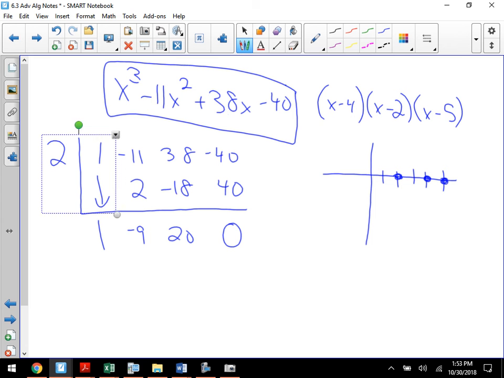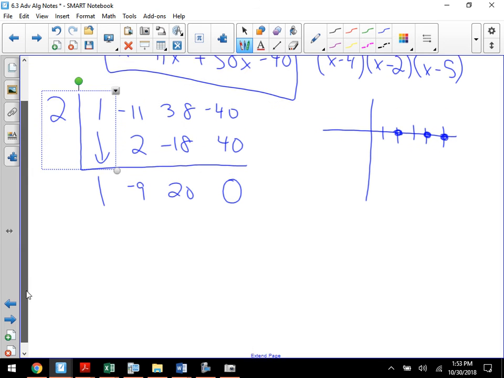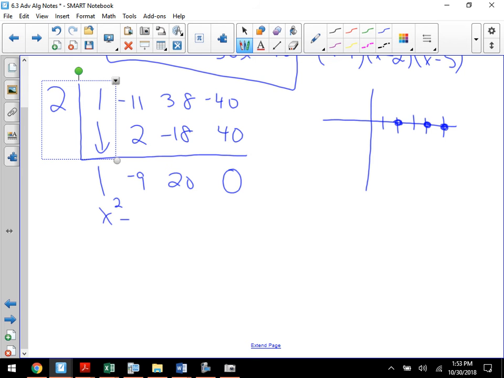So if 2 was the 0, that meant we took the term x minus 2 out of that polynomial. So if you start with a third degree polynomial, you took out something that had 1 degree, how many degrees are left? 2. That means you're left with x squared minus 9x plus 20. What times what's 20? You add together to get negative 9.